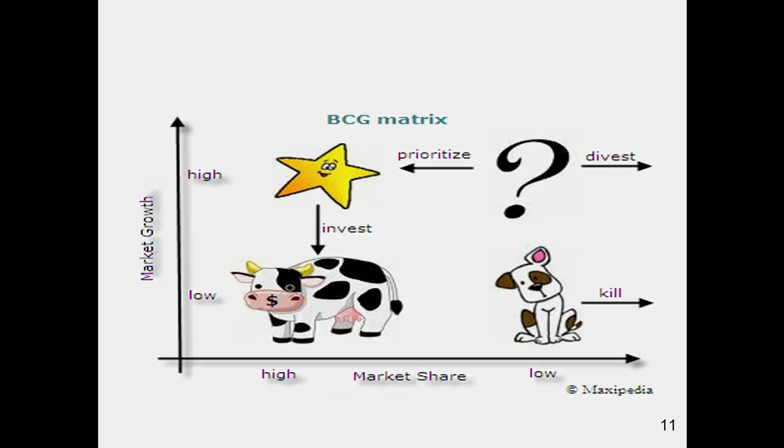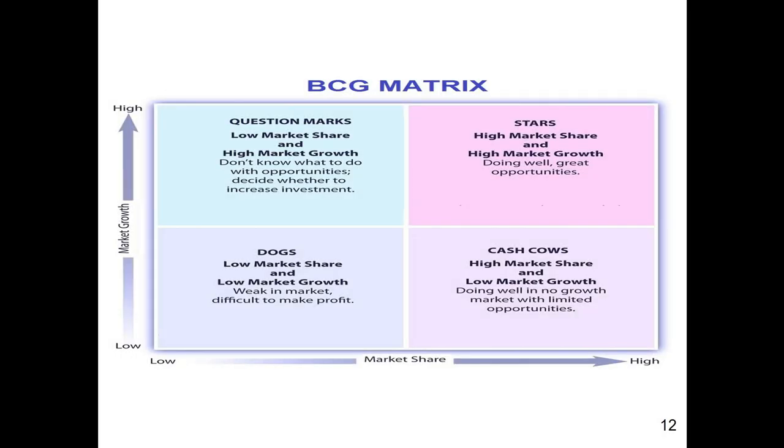Okay, there you go. All right, so in brief, in your BCG matrix, we mentioned earlier that your question mark has low market share, okay, high market growth. If you do not know what to do with the opportunities, you might decide whether to increase investment or not, because these products may turn into dogs, wherein they have low market share and low market growth.